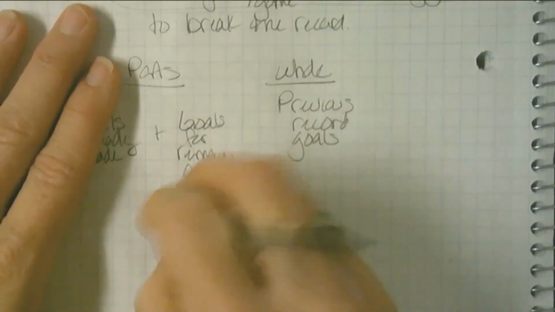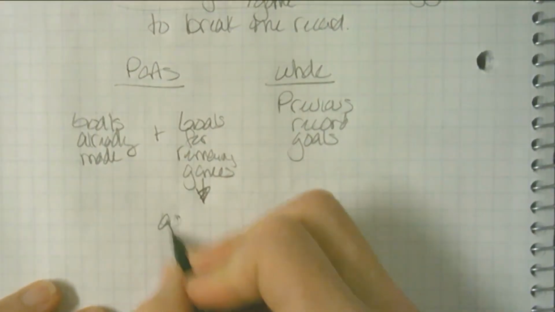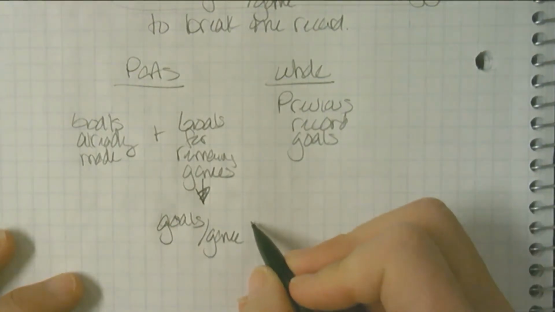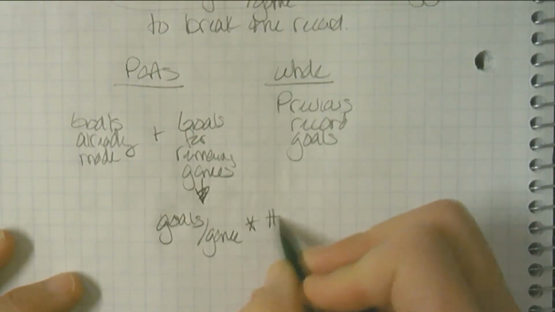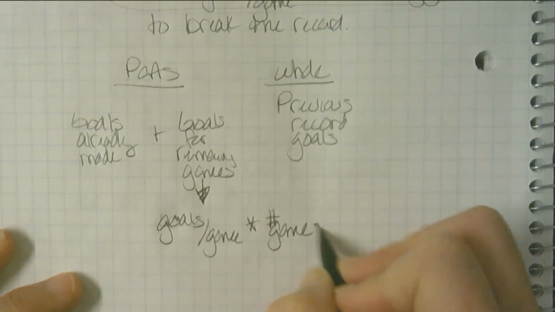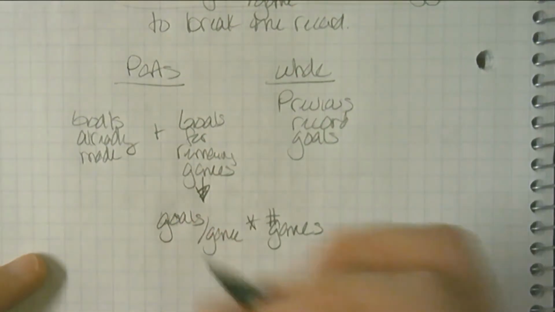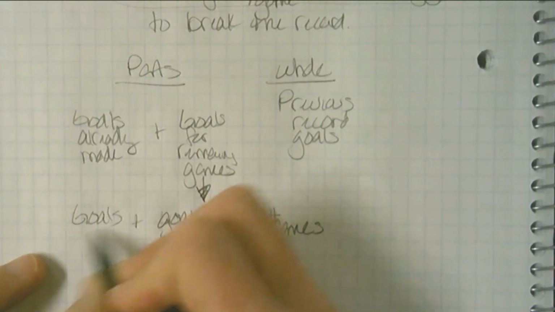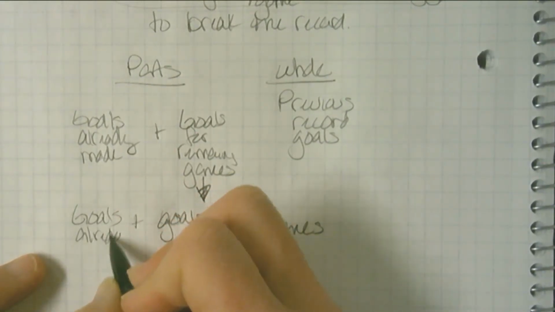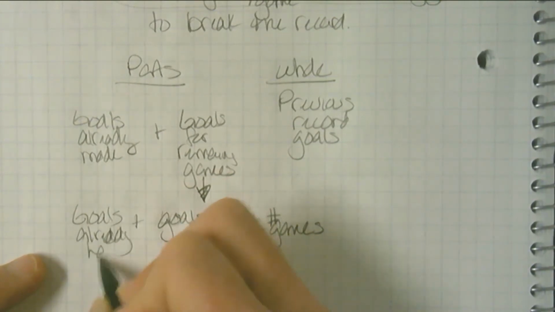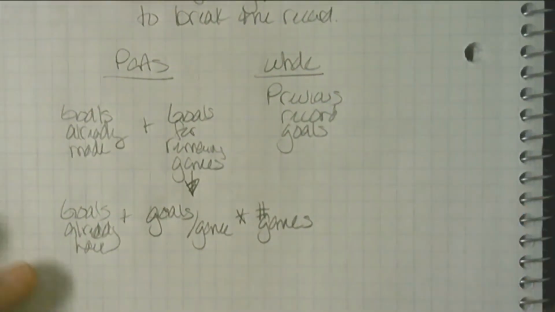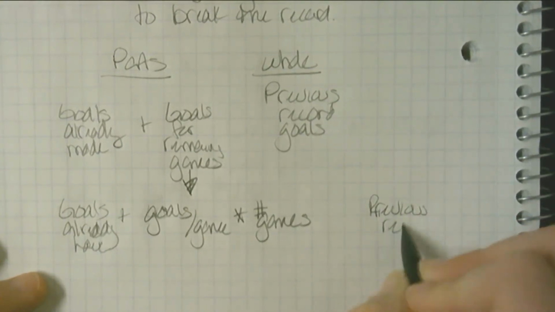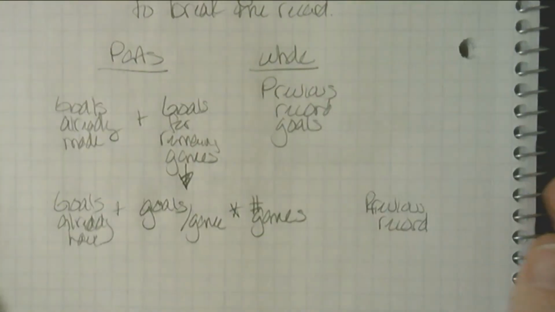Times number of games. All right. That's how I find my remaining, right? And I'm going to add to that the goals we already have. Okay. And then we have previous record. How many of you guys are cool with that game plan?